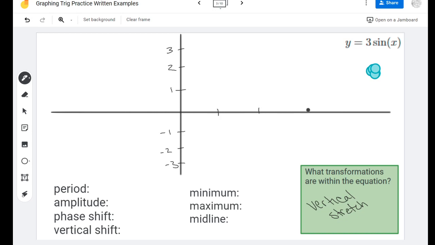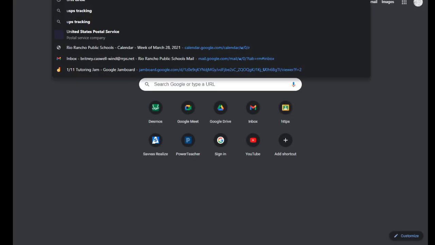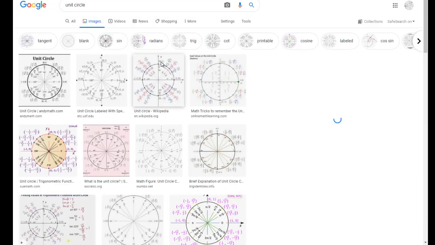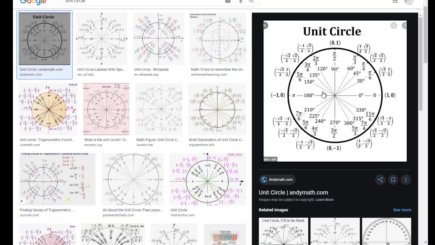Now, the values for our x-axis are coming from our unit circle. I could probably pull one of those up for you guys. So on the unit circle, remember it's talking about degree or radian measurements.